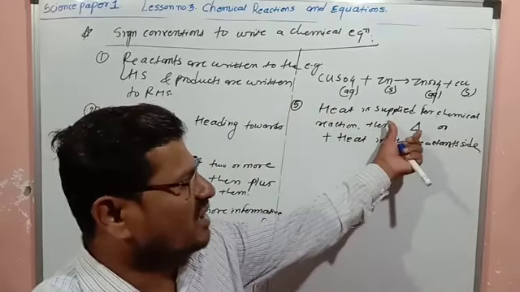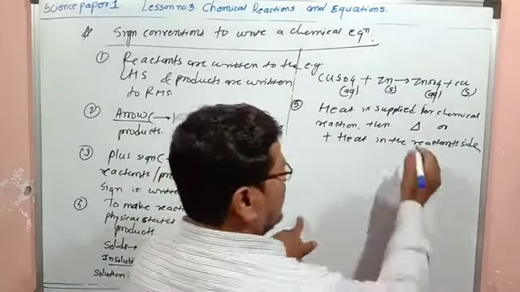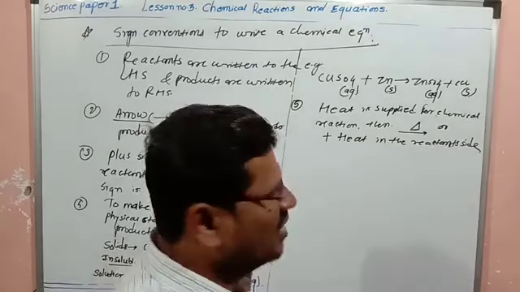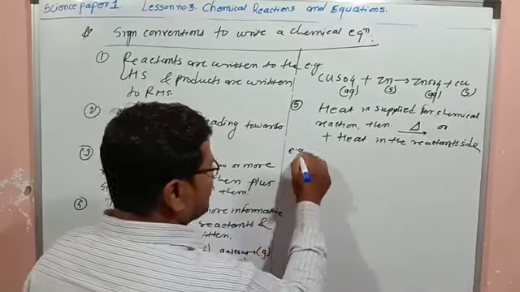You can write delta above the arrow, or plus heat on the reactant side.